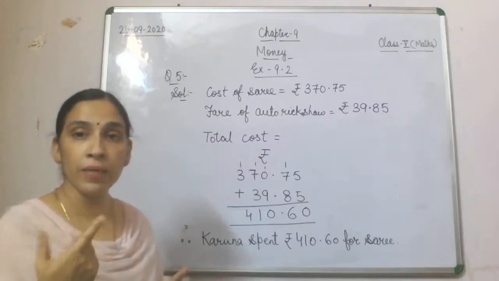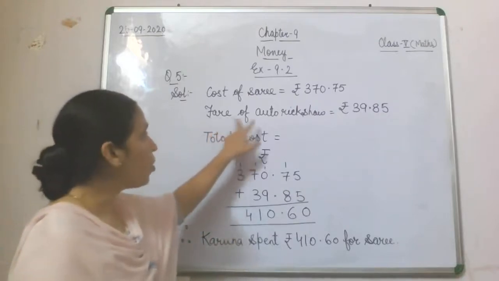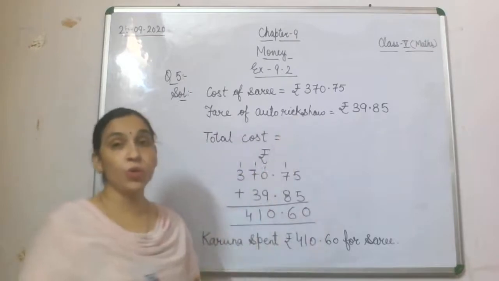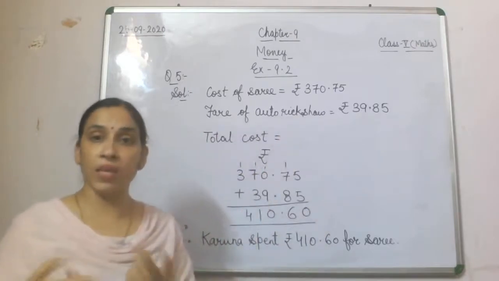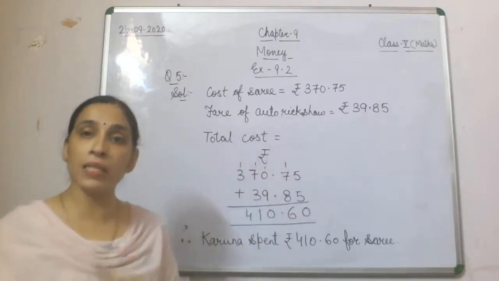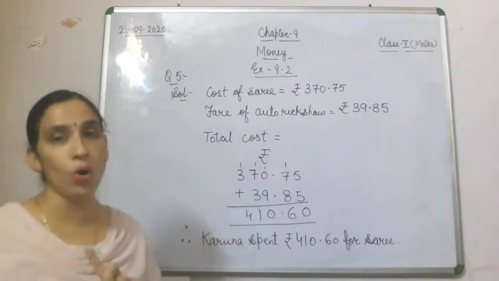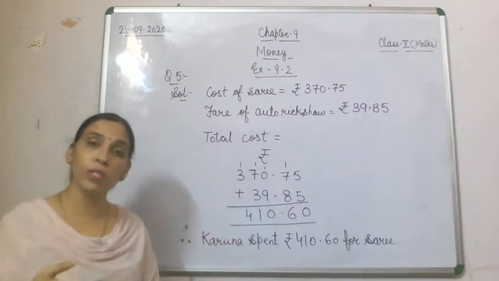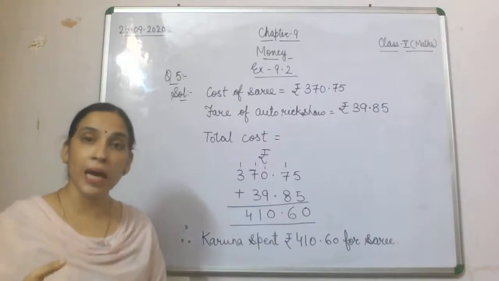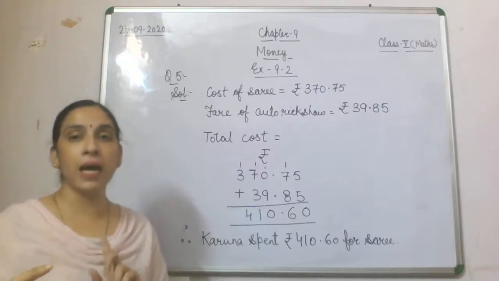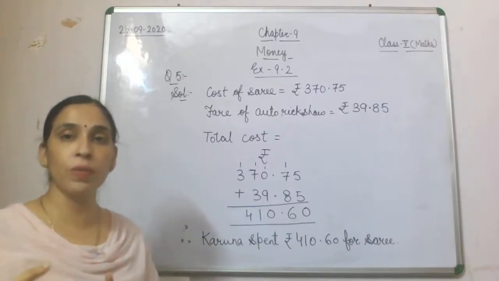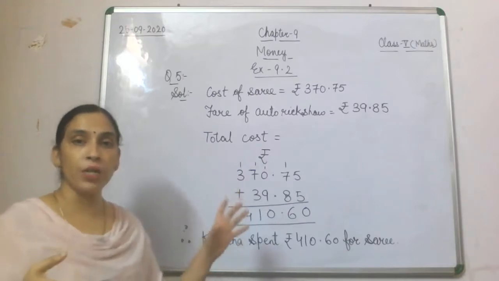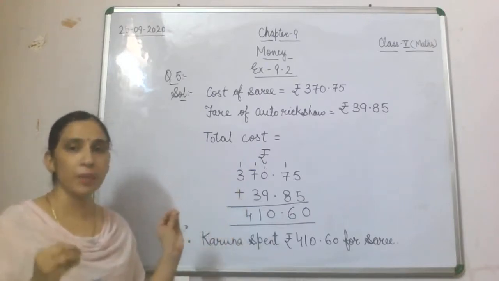As I told you, when you are going to the market, every time you are spending either on auto rickshaw or on petrol. That money will also be included in your shopping amount.